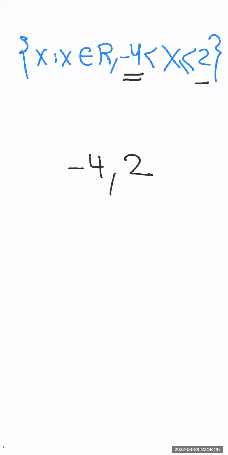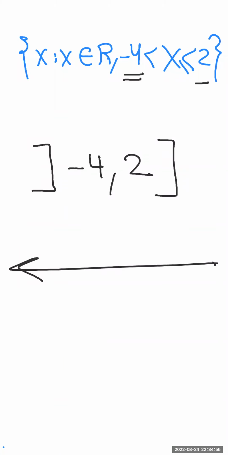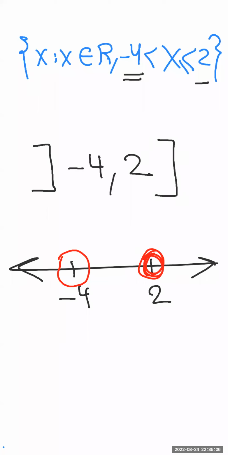No. Do we have equality on the side of 2? Yes. Close. Now represent on the number line. -4, 2. Opened from the side of -4, unshaded. Closed from the side of 2, shaded. Then shade the distance between the 2 elements. Done. Correct, guys? Okay.